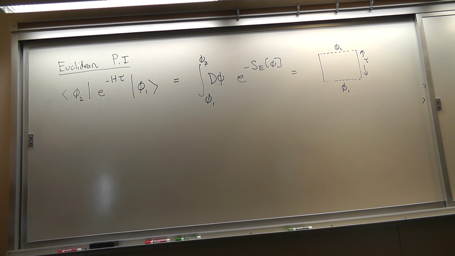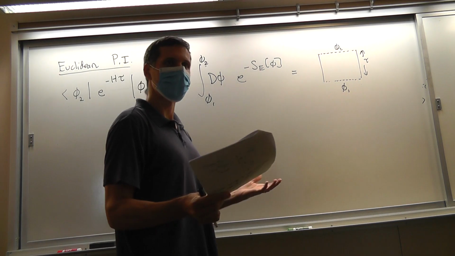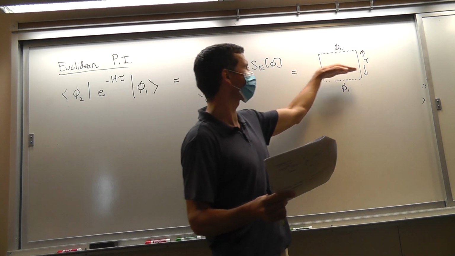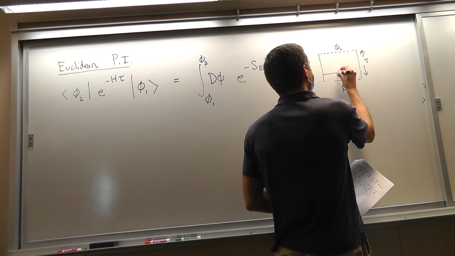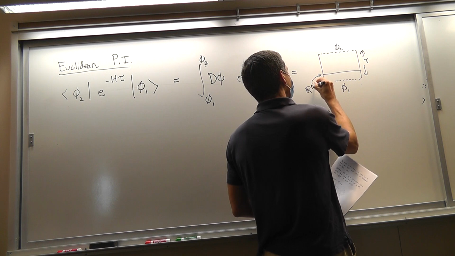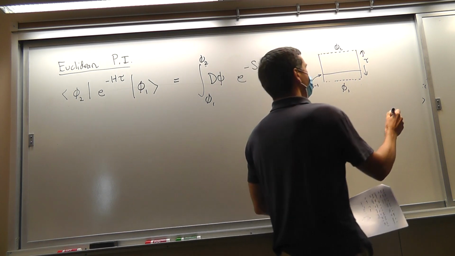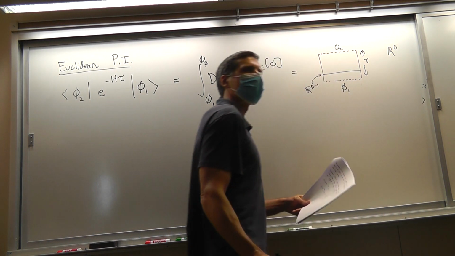I drew these diagrams as if we're studying a 1+1 dimensional theory, but it could be d-dimensional. Then each of these slices is R^(d-1), and the full Euclidean space is R^d.